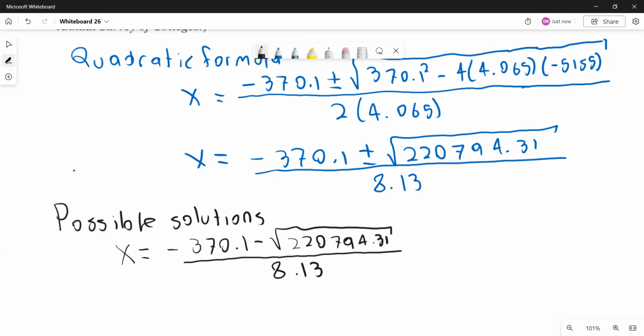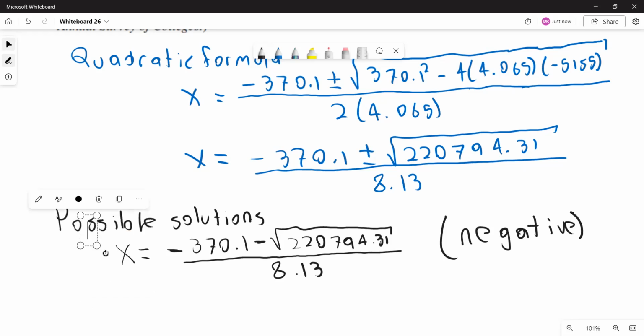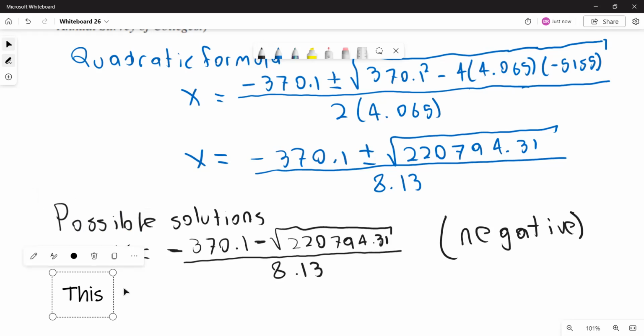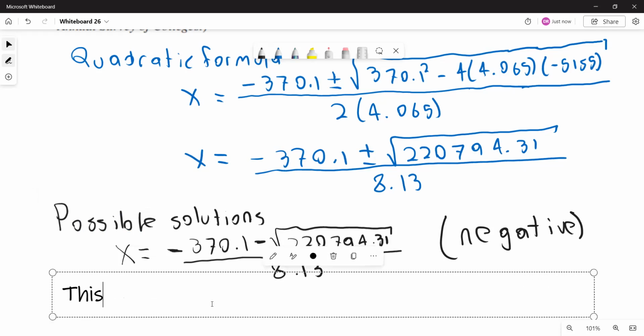Okay, so it's not hard to see we have a minus and minus. So this solution is going to be negative, so we can disregard that. This is not a solution because x represents years after 2000. I mean, we can try to approximate, but there's no need to do that.